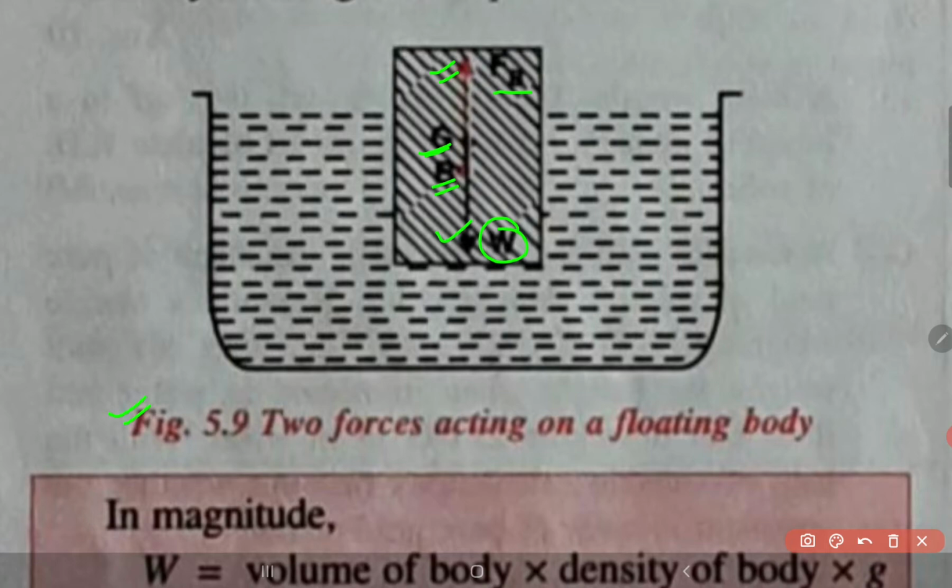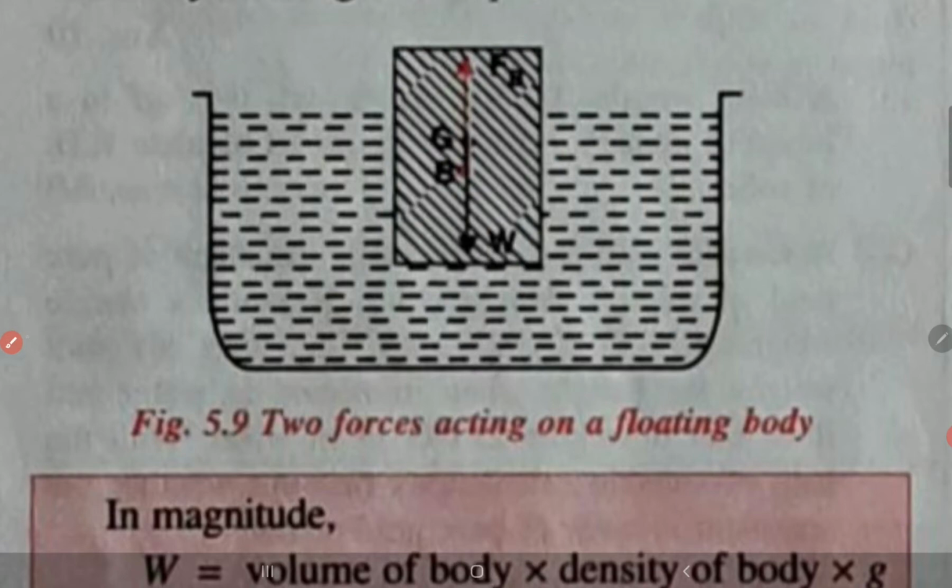Before going through those three cases, let us see what will be the value of this weight. The value of this weight will be equal to V rho g, where capital V is the volume of the total body, multiplied by rho s, that is the density of the solid, and the acceleration due to gravity.